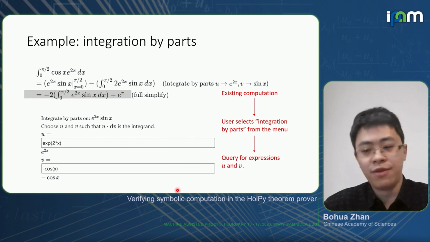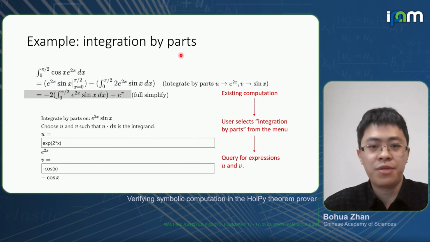And let me give a more specific example. One of the very popular steps in doing integrals is integration by parts. So for example, in computing this integral, after 2 steps, we would end up here, and we would wish to again apply integration by parts to this expression.